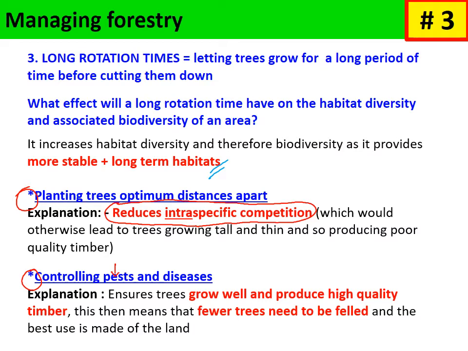That's going to mean obviously fewer trees need to be felled or cut down, and best use is made of the land. So we limit the number of pests for these particular varieties or species of trees. We limit diseases in the trees. That allows them to grow more productively, so we get higher quality trees, higher quality timber. We don't have to cut down quite as many trees.